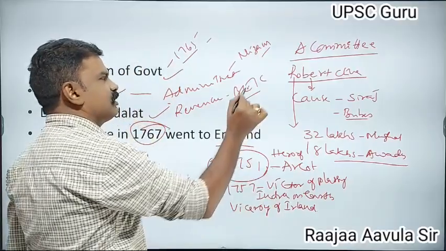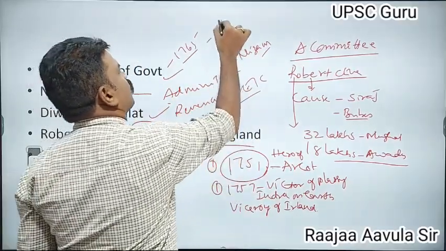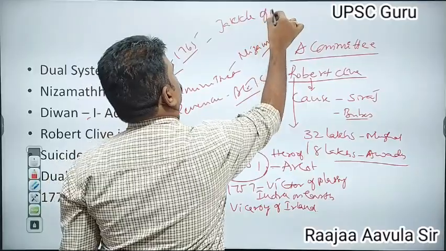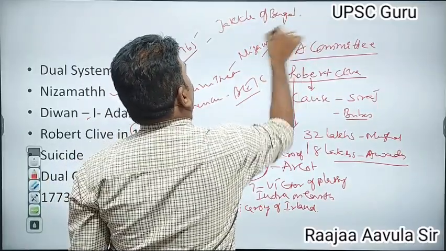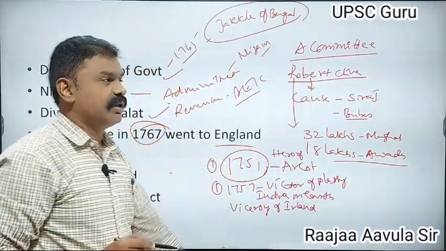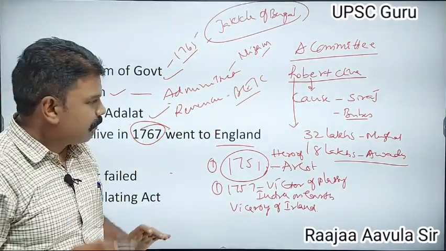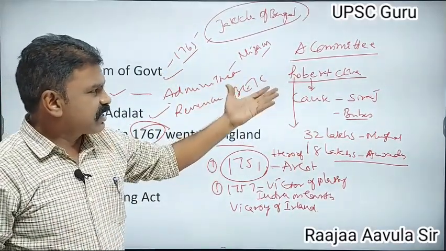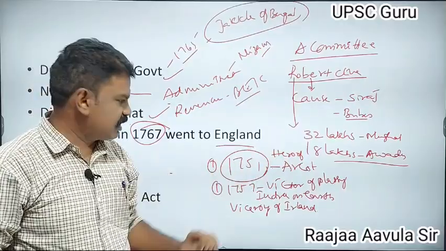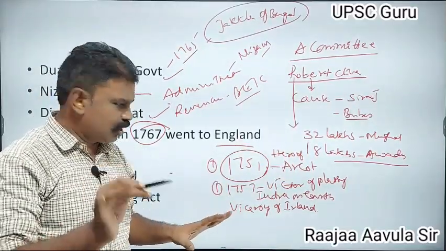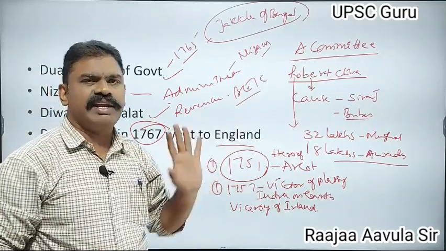But Indians called Robert Clive the Jackal of Bengal. This was asked earlier: who was called Jackal of Bengal? Indians called Robert Clive the Jackal of Bengal, but the British called him Hero of Arcot, Victor of Plassey, Indra on earth, that is Lord on earth, Viceroy of Ireland.